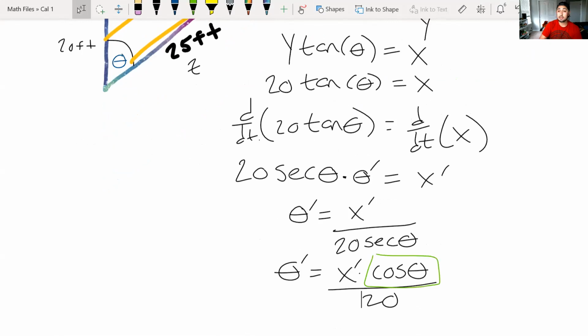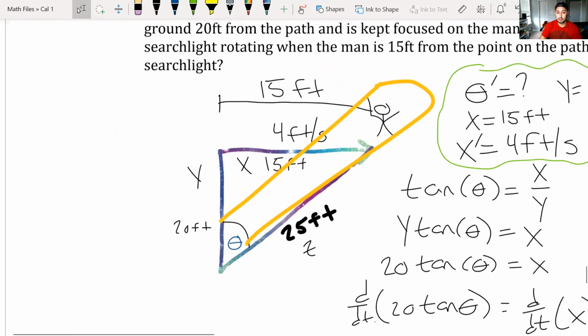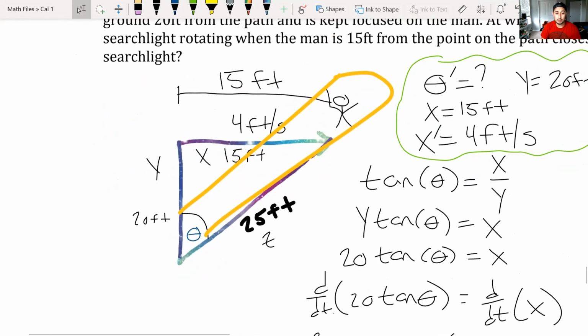Well, we just go back and reference our triangle. And cosine is adjacent over hypotenuse. So the cosine of theta, I'll write this down here. Cosine of theta is actually equal to 20 over 25.